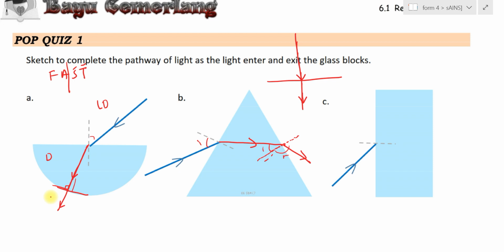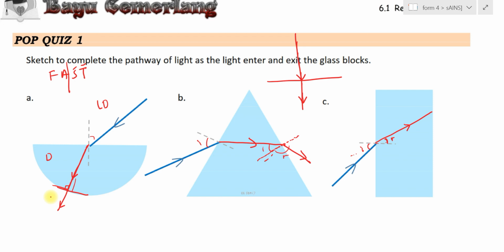Okay. Baik, yang ketiga. Yang ni less denser medium, bend towards the normal. Okay, normal line dia. Ni normal line dekat dengan, dia kena mendekati. Okay, ni I, R dia kecil.